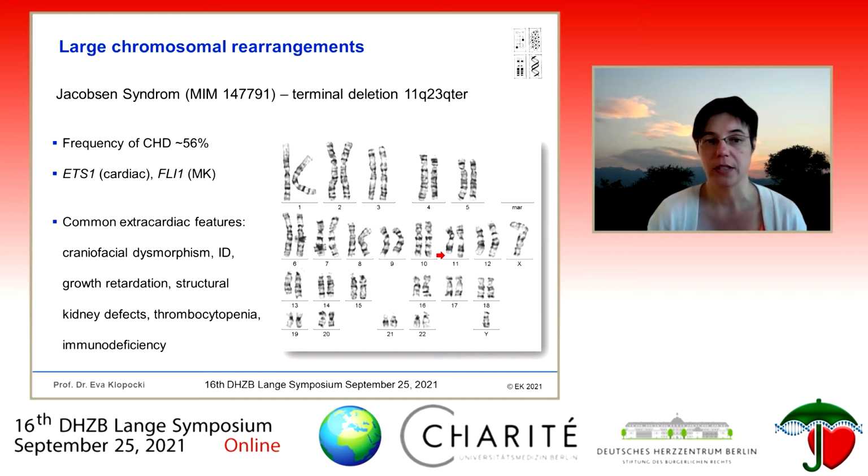These 2 genes actually trigger the phenotype in this larger deletion. The other genes also contribute, and so we have a complex phenotype also with lots of extra cardiac features. FLI1, for example, is responsible for the thrombocytopenia, which is observed in these children.